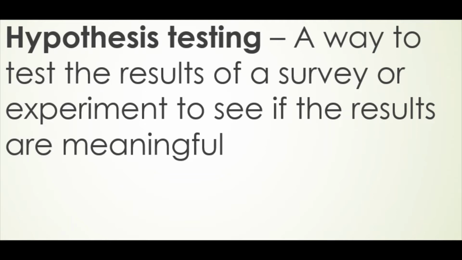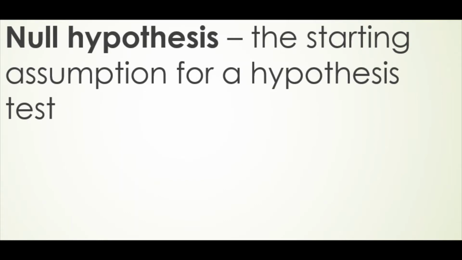We're going to start with a null hypothesis. The null hypothesis is the starting assumption for a hypothesis test. It is essentially that there's nothing to see here. The null hypothesis is generally the status quo. We're going to say that the population parameter is equal to some value, usually the mean of whatever we're looking into.